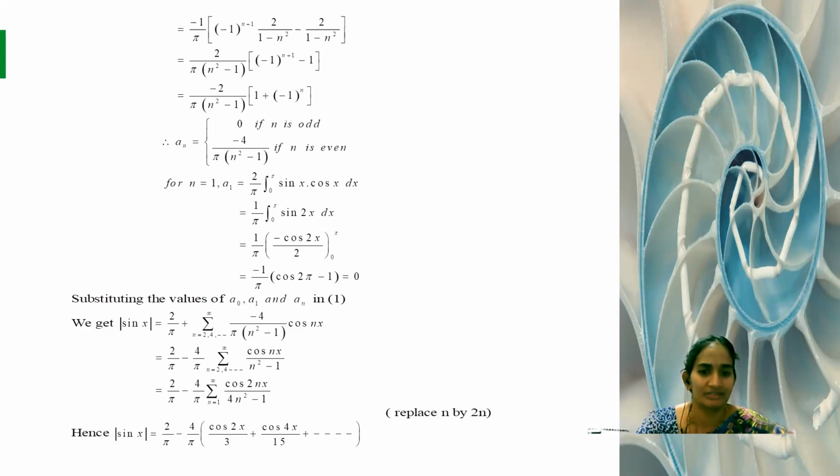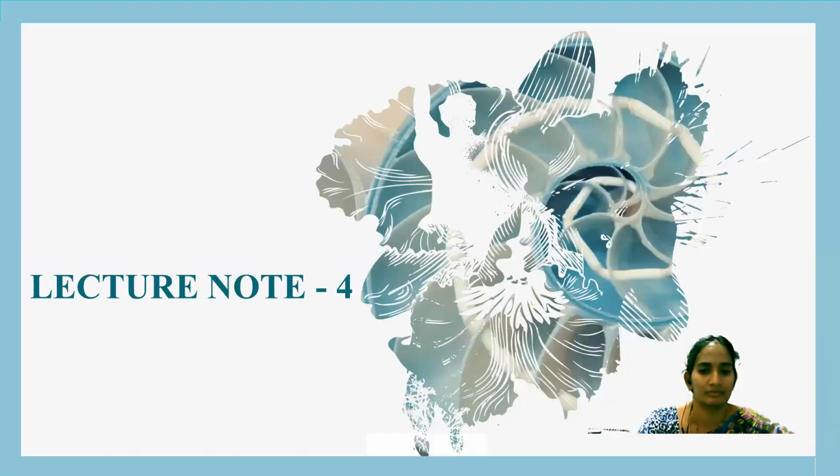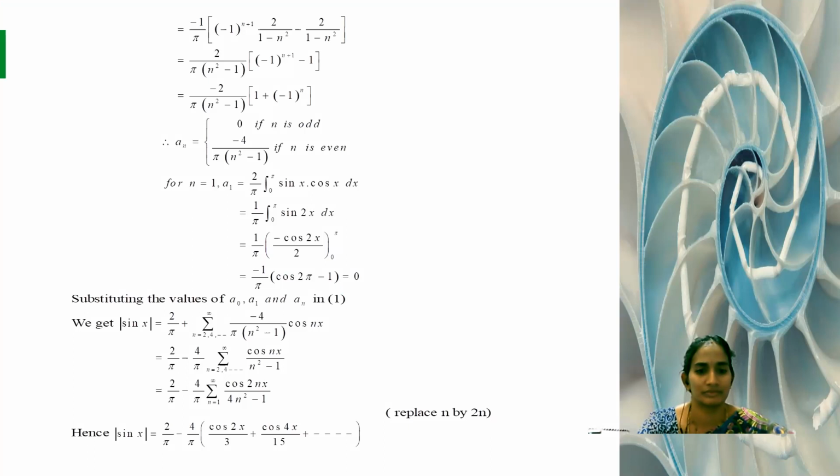So here substituting now n equal to 1, 2, 3 etc., we get the solution: mod of sin x equal to 2 by pi minus 4 by pi [cos 2x by 3 plus cos 4x by 15 plus] and so on. So this is your required solution of your given function.